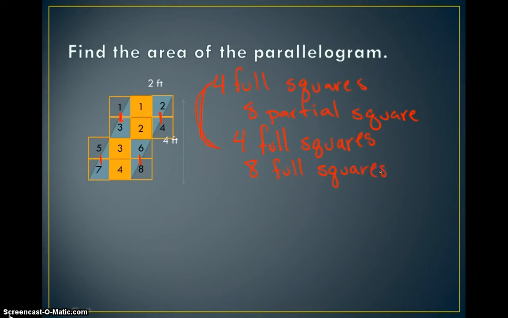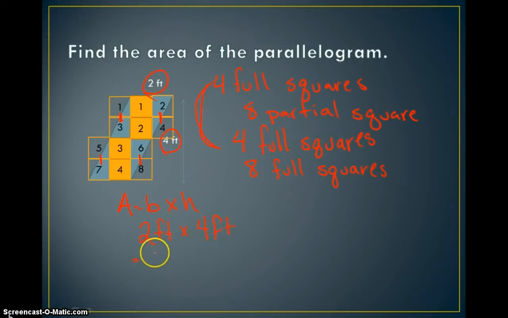Now, the area equation allows us to do that a little bit faster and a little bit simpler, and it gives us a more accurate area. So, area is equal to the base times the height. My base is 2 feet, and my height is 4 feet.